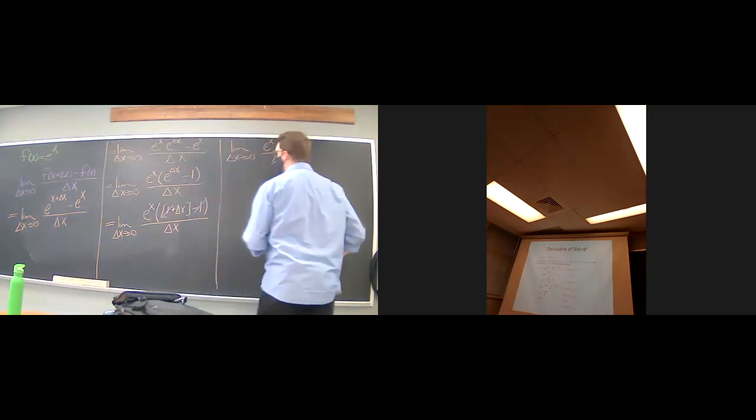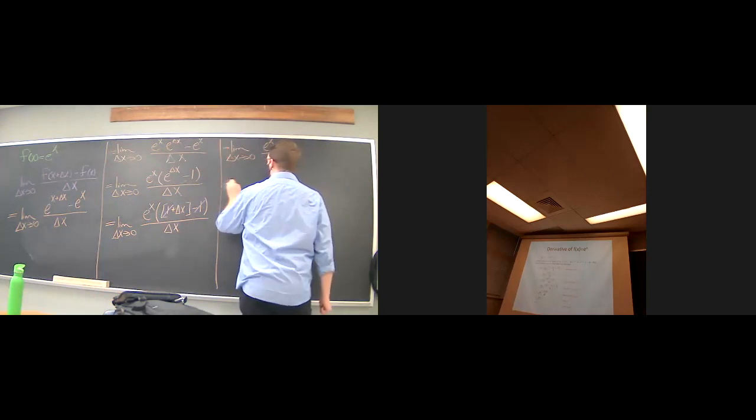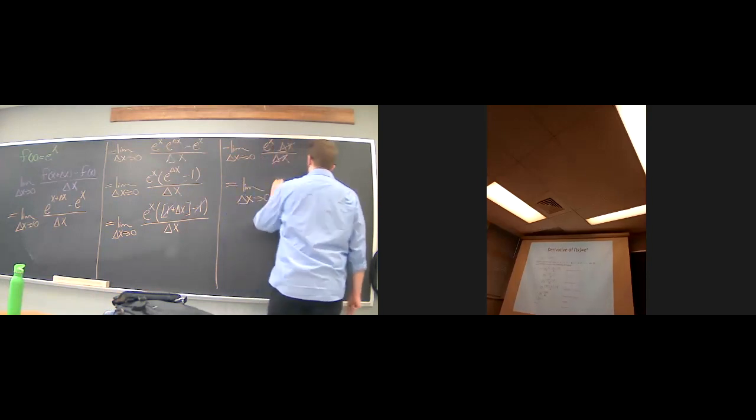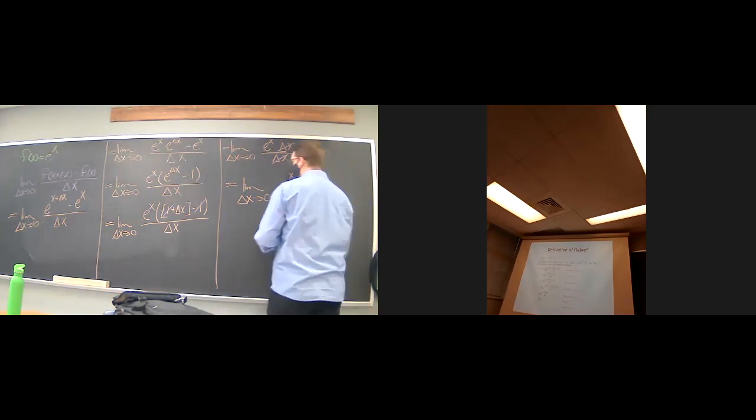What we're going to be left with is the limit as delta x goes to 0 of e to the x, which is equal to just e to the x.